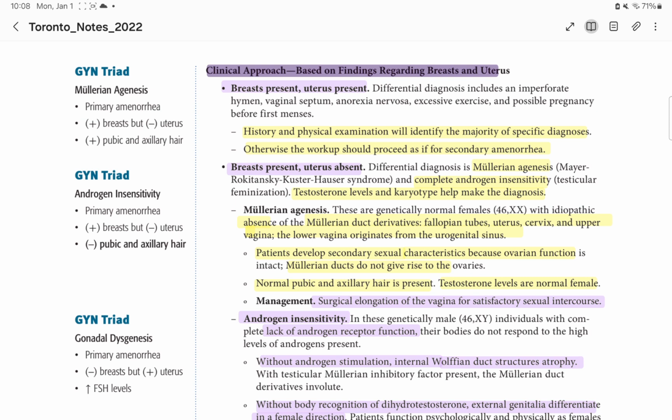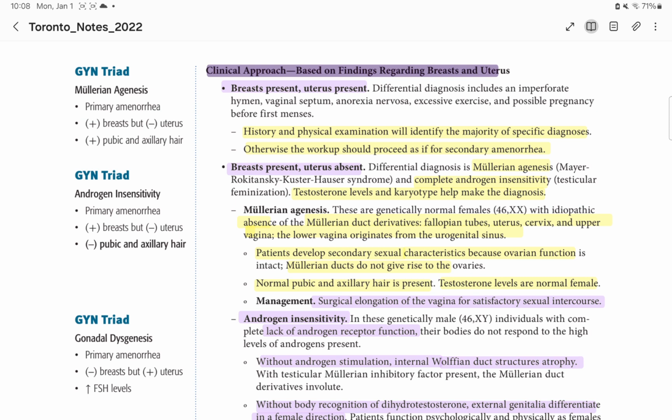Complete androgen insensitivity: this one is really a problem if there is an XY chromosome, and it's causing a huge problem.